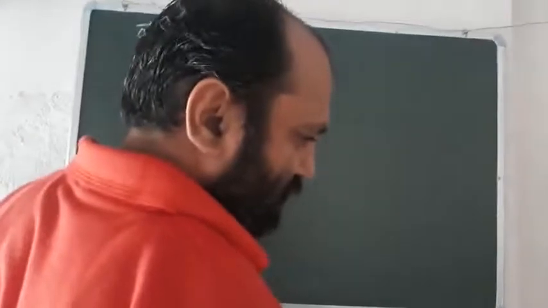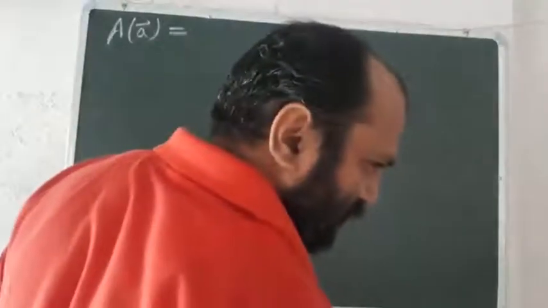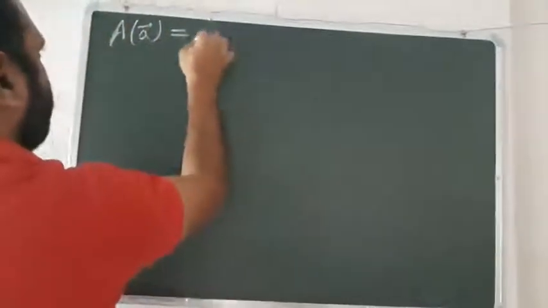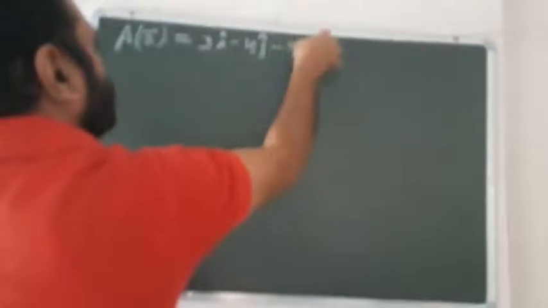The point A has position vector 3 I cap minus 4 j cap minus 4 k cap.